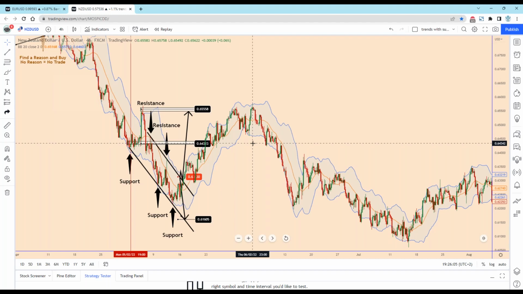It's only telling you the weakness or strength of the trend, or if the trend is going to reverse or continue. So it's giving you information. And that's why you need to combine Bollinger Bands with other pieces of information or other indicators to be able to read what it wants to tell you.